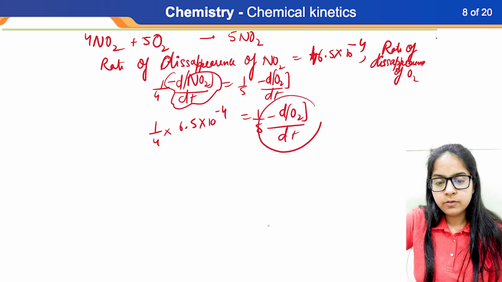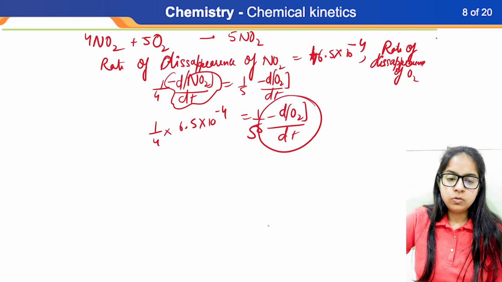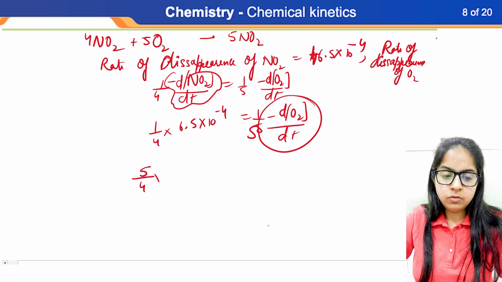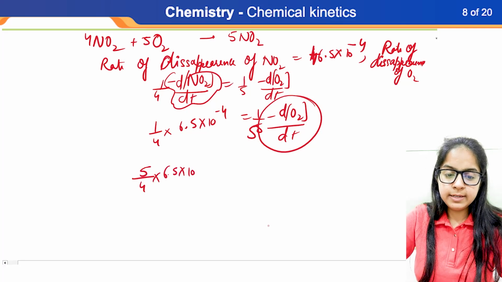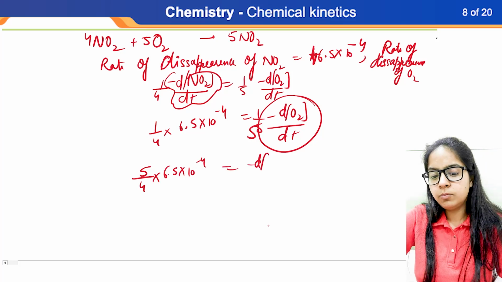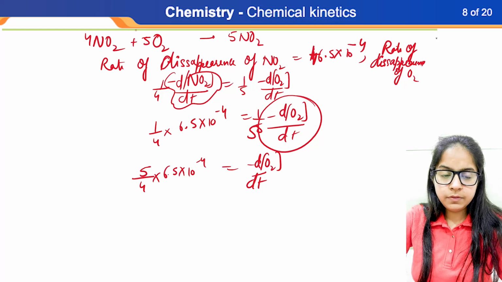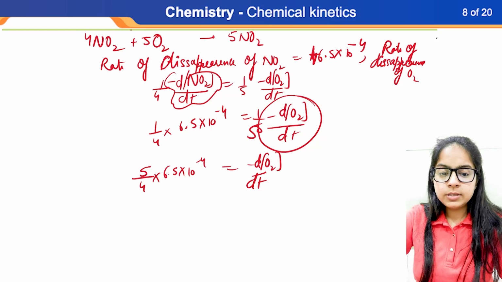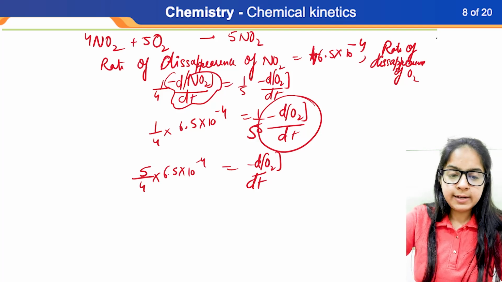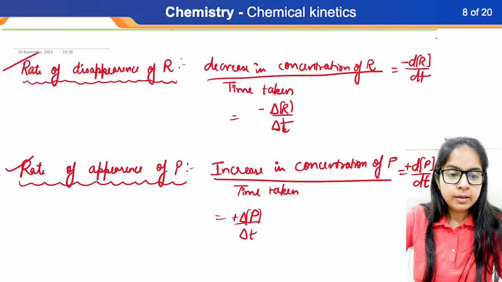This is the rate of disappearance of O2. So 5 by 4 into 6.5 into 10 raised to power minus 4 is equal to minus d[O2]/dt, the rate of disappearance of O2. This is an example of a question that can be asked in the examination.